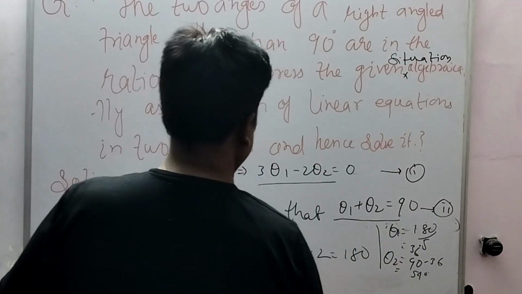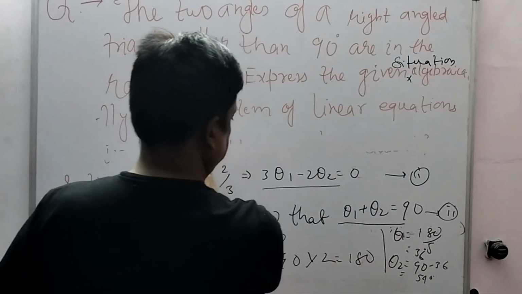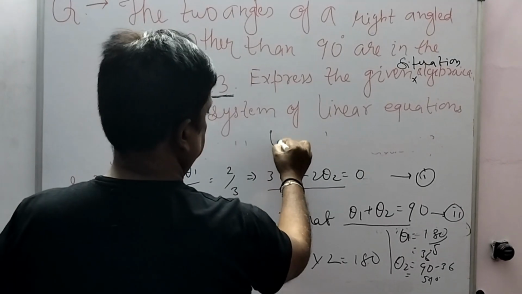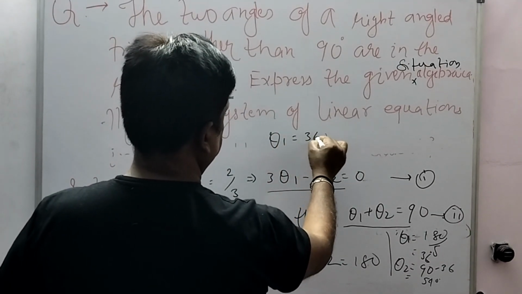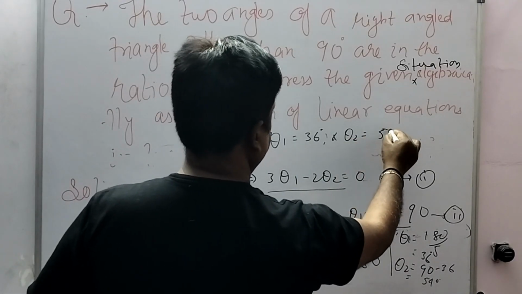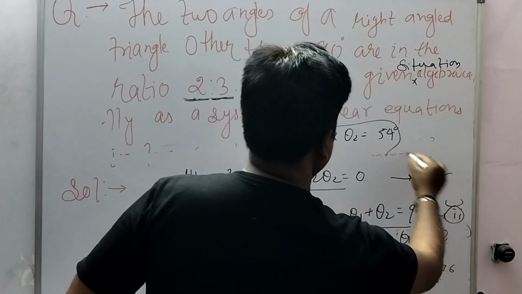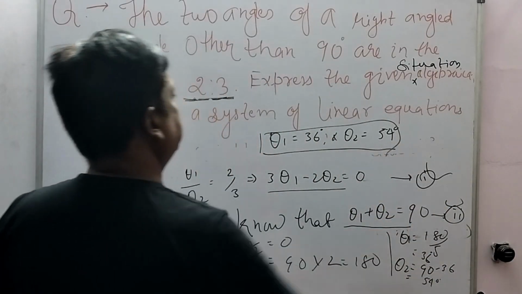So we get theta 1 equal to 36 degree and theta 2 equal to 54 degree. This is the system of two linear equations and the values of theta 1 and theta 2.